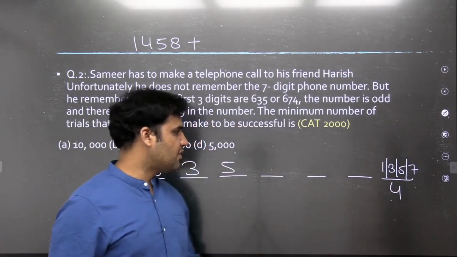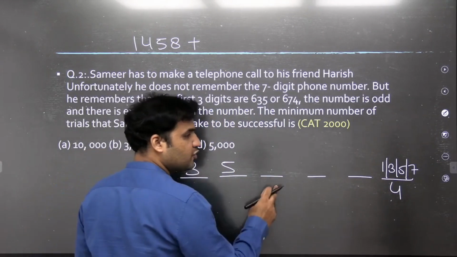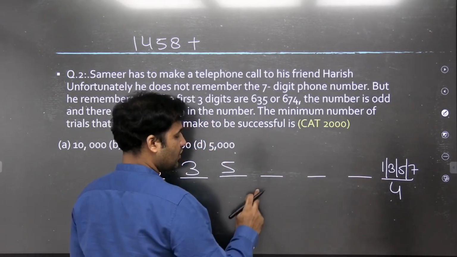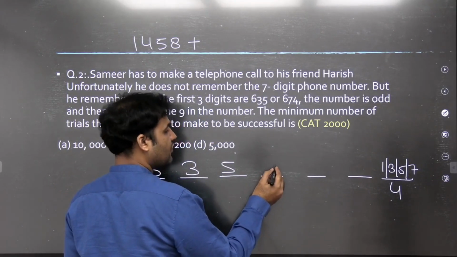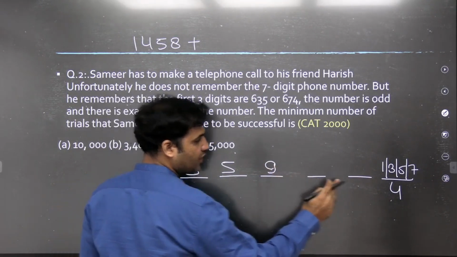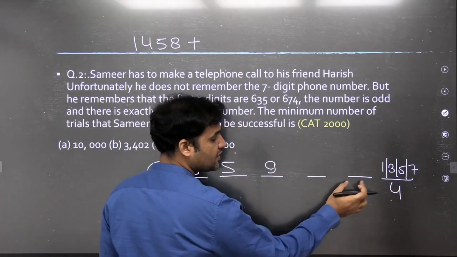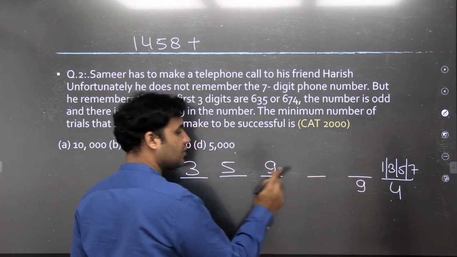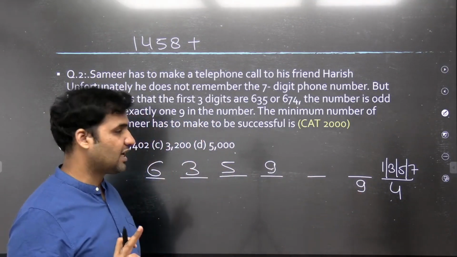Now I'll have to place 9 at any of these 3 positions. So let's say if 9 is coming over here, this place can be filled in 4 ways. Then this place can be filled with any of the 9 numbers, because 9 has to be used only once. It cannot appear again.